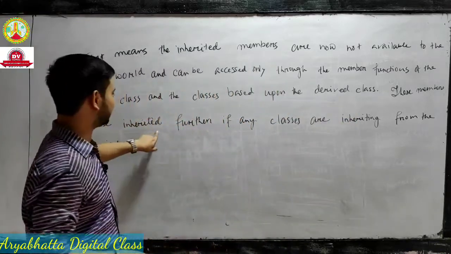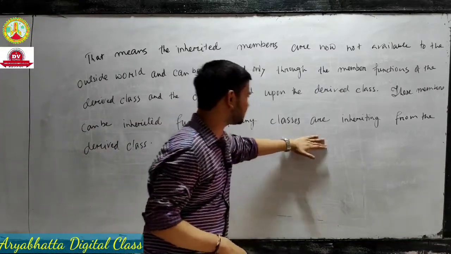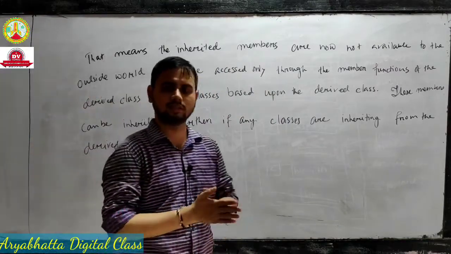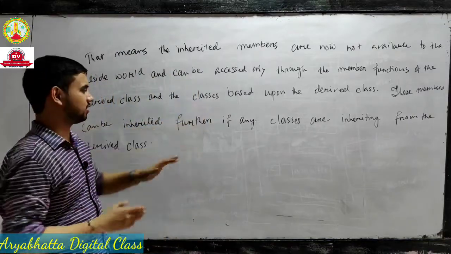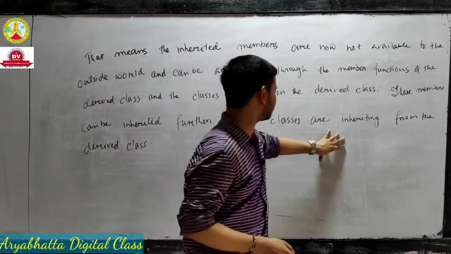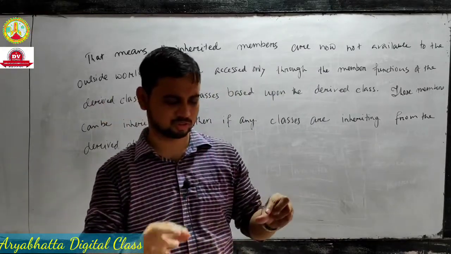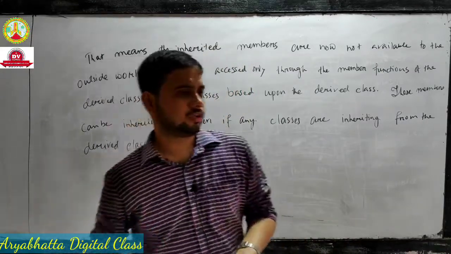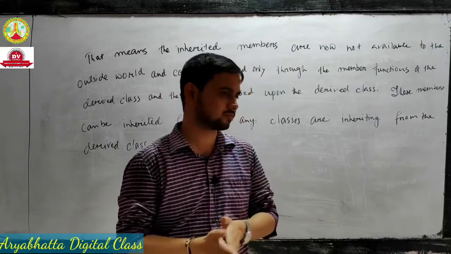These members can be inherited further if any classes are inheriting from the derived class, but private cannot be inherited further. So public and protected both will be protected. So this will be the end of chapter 6.